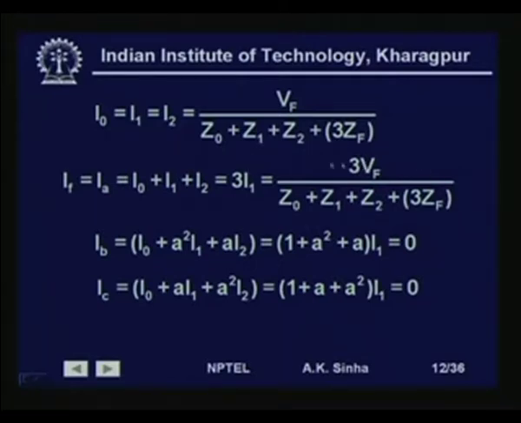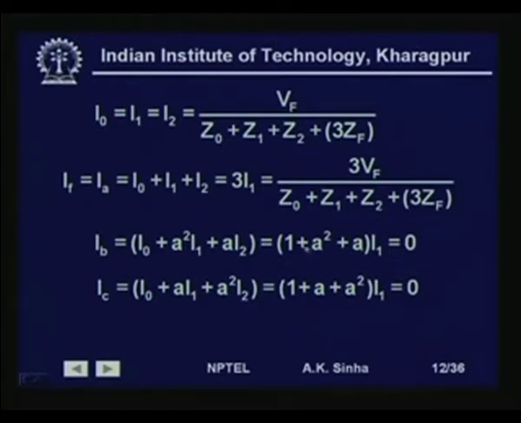Now once we know this IA or IF, we can calculate the other phase currents also. IB is equal to I0 plus A square I1 plus A I2, which, since I0 is equal to I1 is equal to I2, can be written as 1 plus A square plus A times I1, which is going to be equal to 0, because 1 and A square is basically lagging this by 240 degrees, and this A is lagging by an angle of 120 degrees.